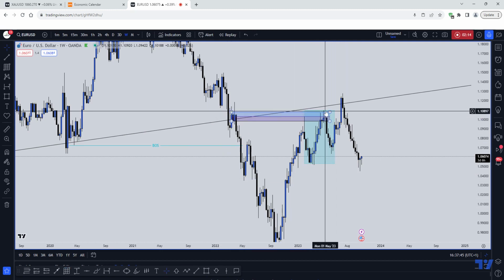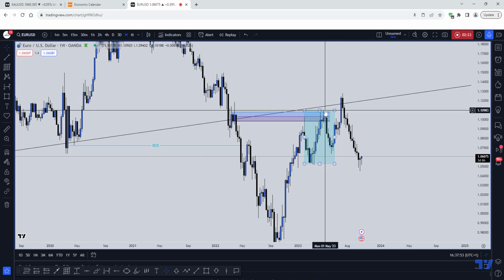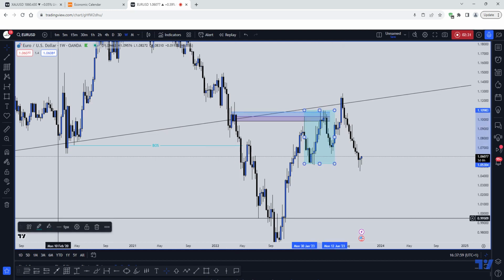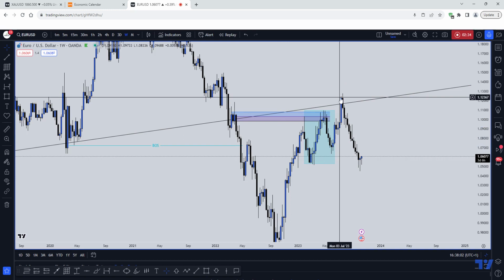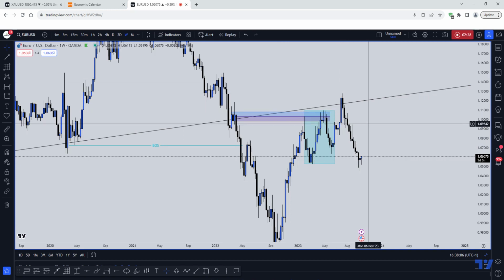Okay, now there would have been a huge amount of liquidity above that monthly high, above the weekly range. What the market did is go for a liquidity grab, taking out all of the buy stops above this level. In taking out all of the buy stops above this high and breaking out of that weekly range to the upside, this also induced traders into opening buy trades, long positions, right?